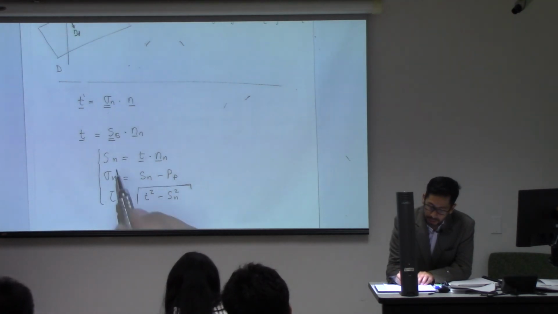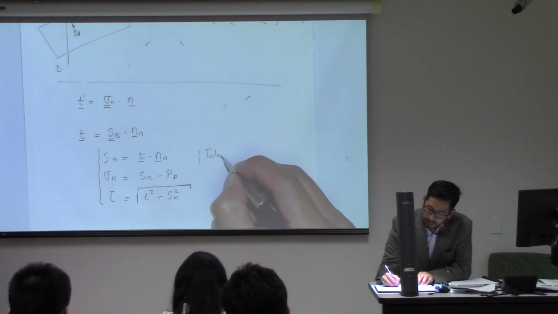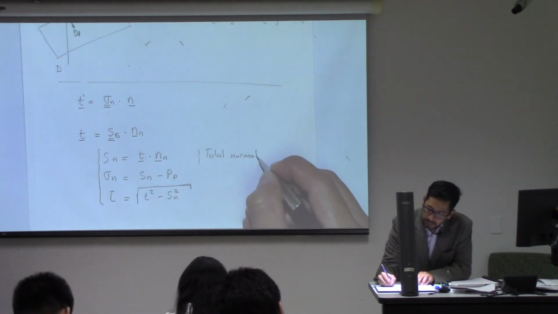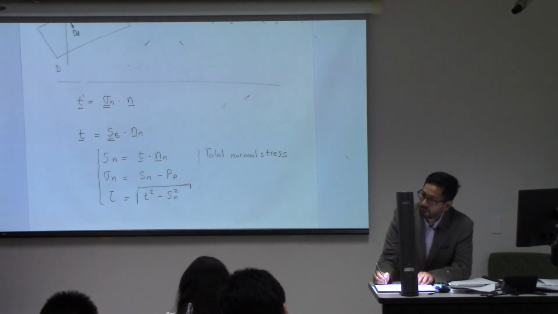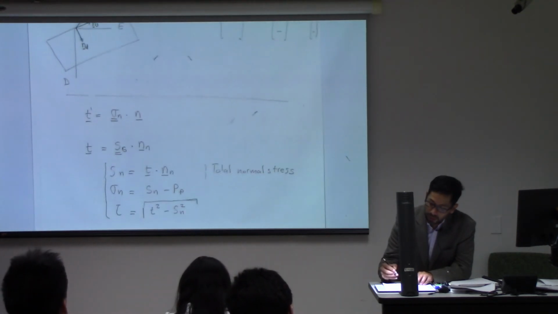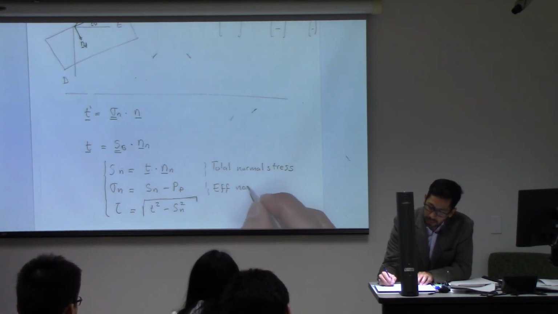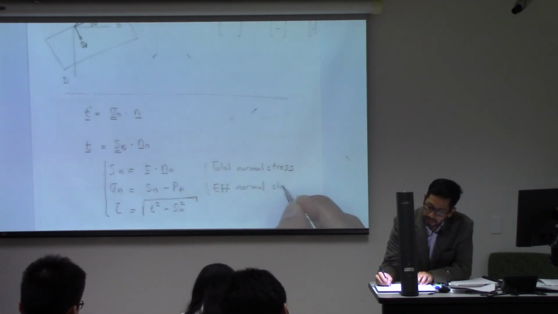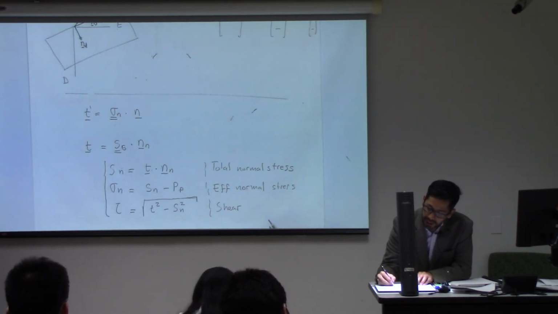So, Sn, this is the total normal stress on the plane, on the arbitrary plane that we have chosen, which is that one over here. This is the effective normal stress. And this one is the shear stress.